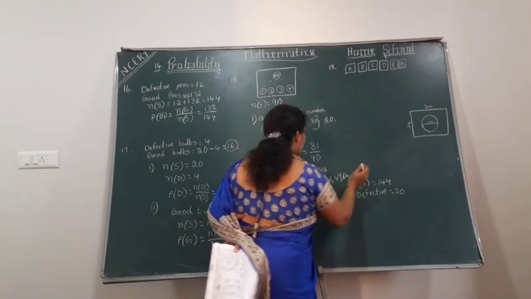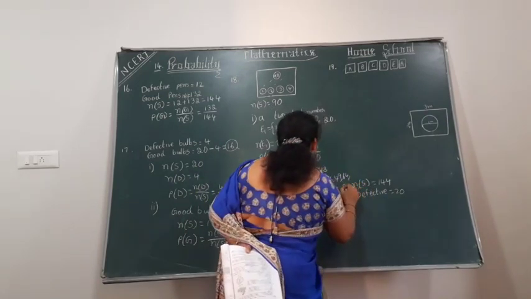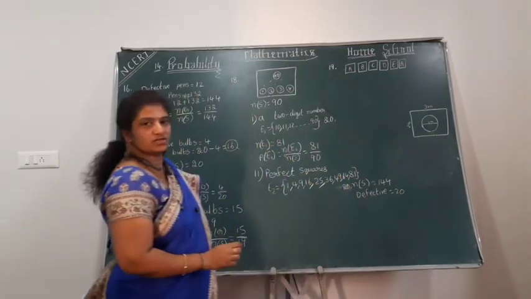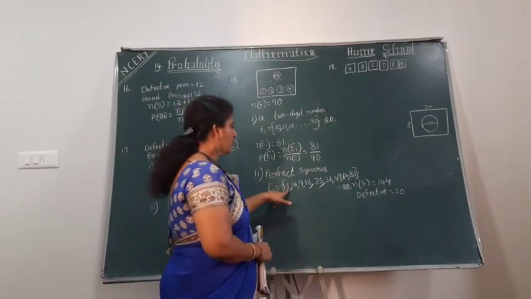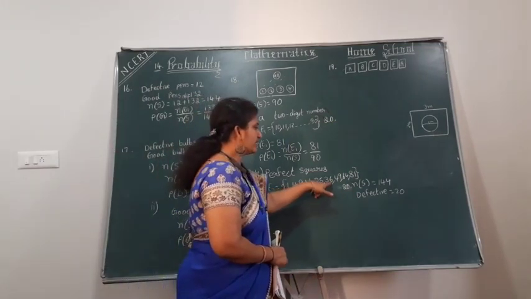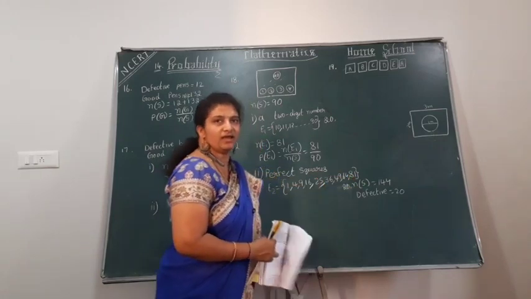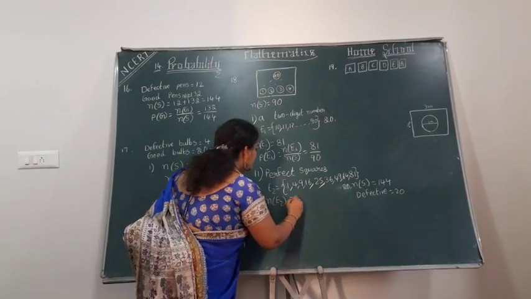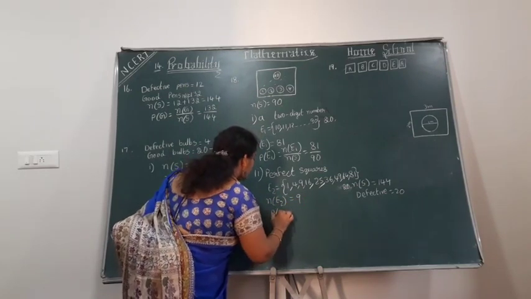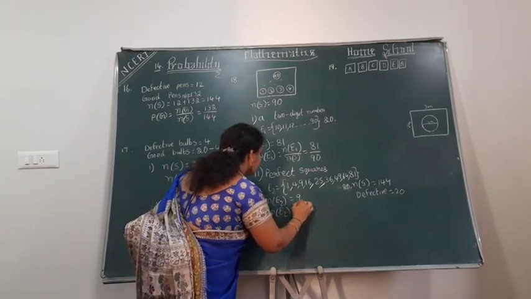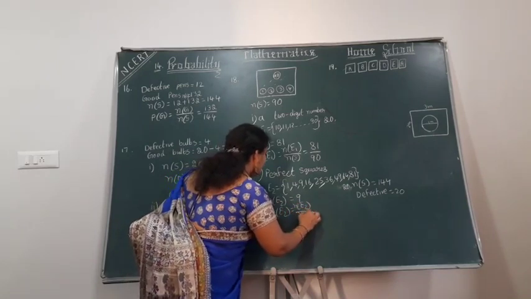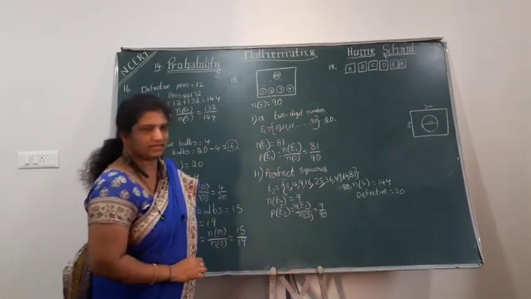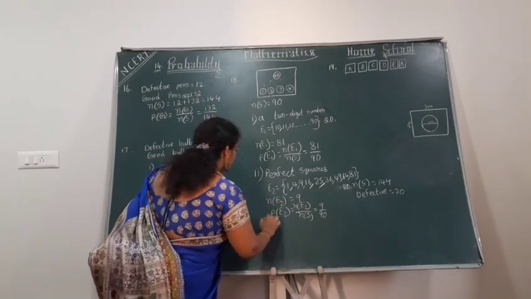Okay, let's count: 1, 2, 3, 4, 5, 6, 7, 8, 9. There are 9 perfect squares in this event. N of E2 is equal to 9. The probability of getting this event is equal to N of E2 by N of S, 9 by 90. That is your answer.